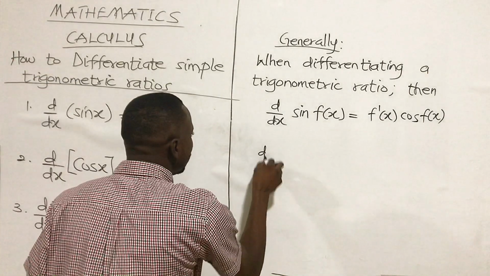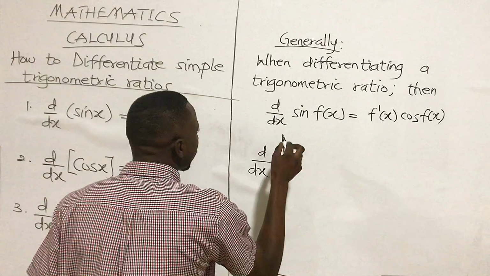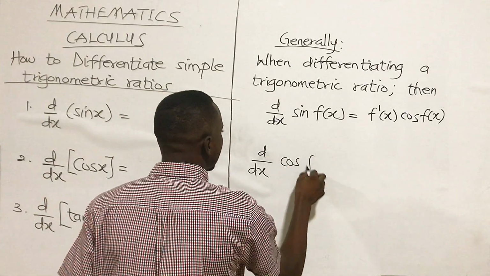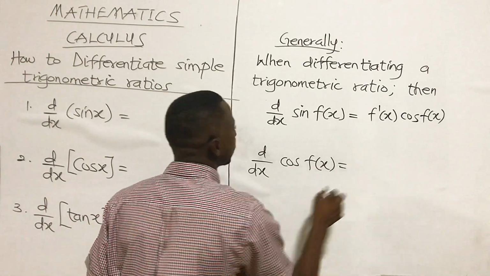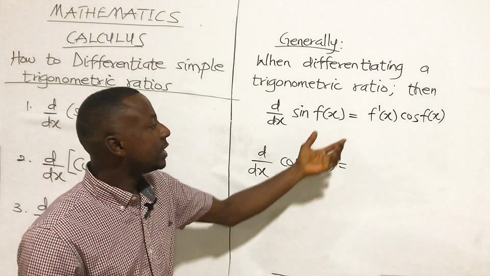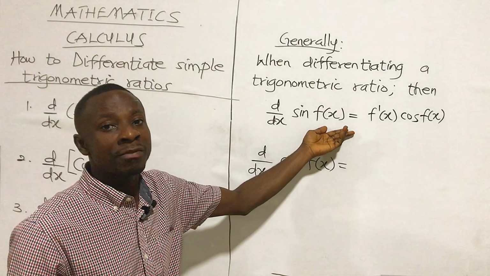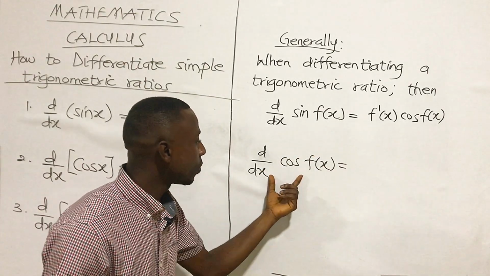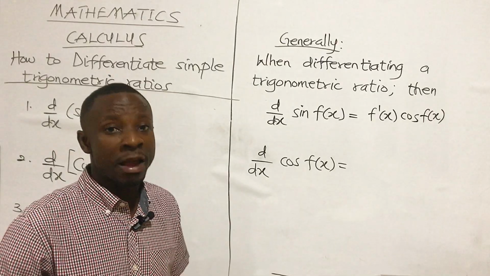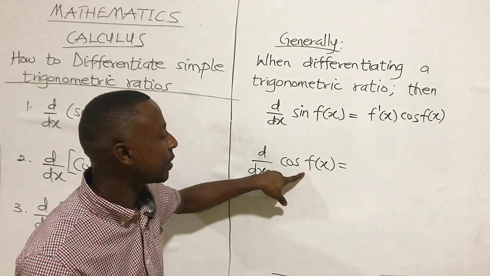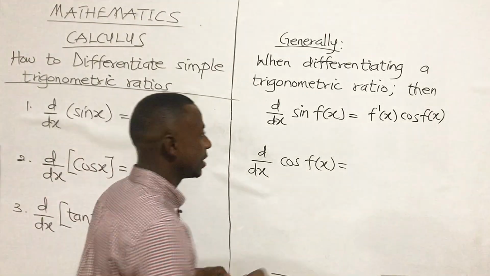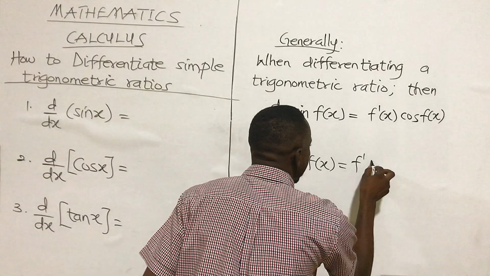Now, let's move on to d dx of cos f of x. Just as we did up here, when you want to differentiate cos of f of x, we are going to first of all differentiate the function. So we have f prime of x.